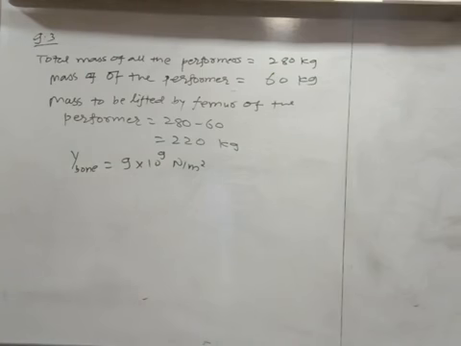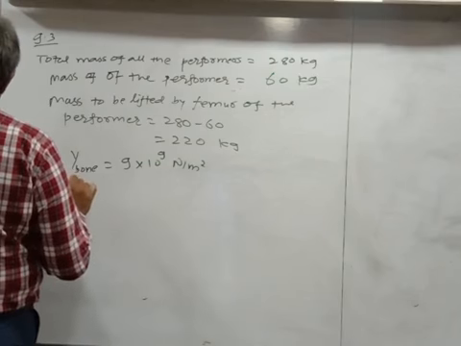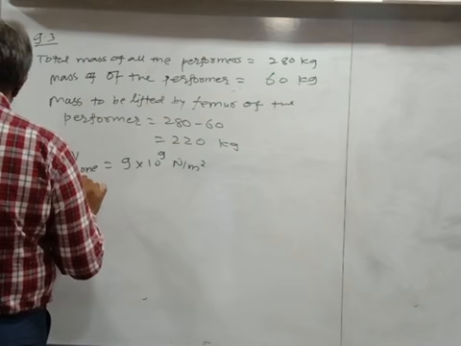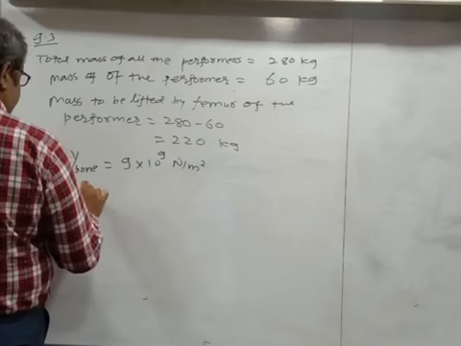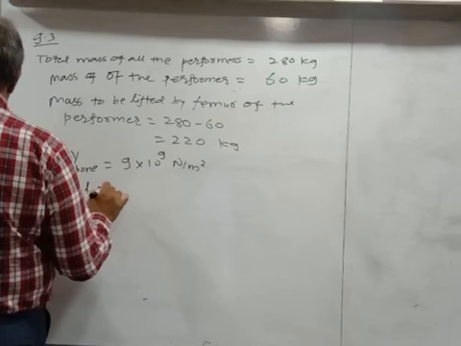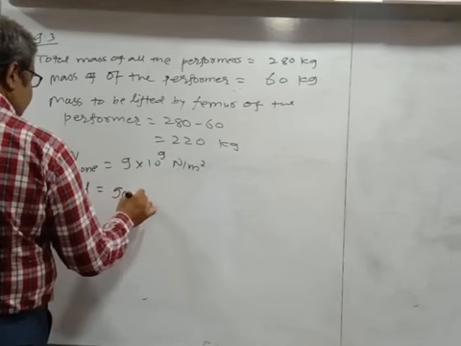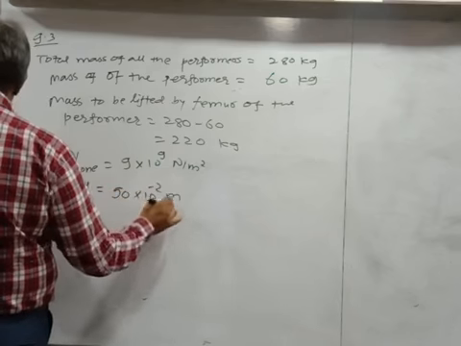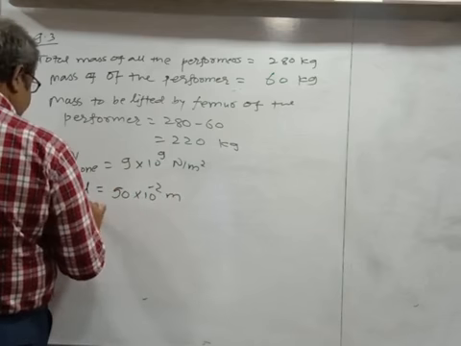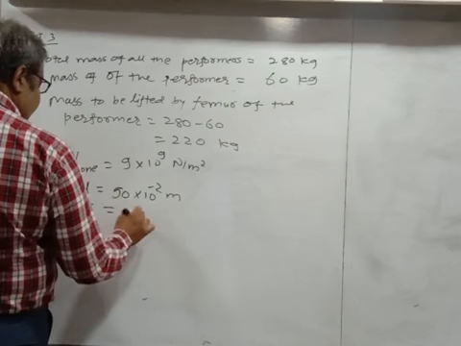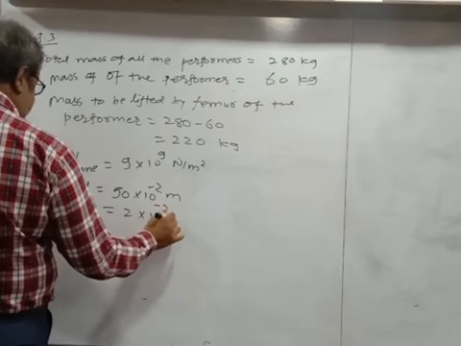Okay. Now we can say the effective length, that is the length of the femur, is 50 into 10 raised to minus 2 meter, and effective radius is 2 into 10 raised to minus 2 meter.